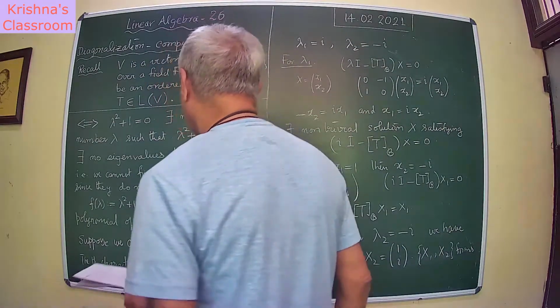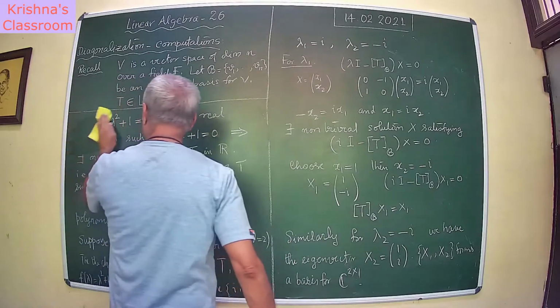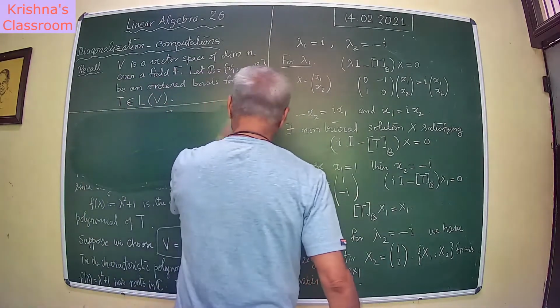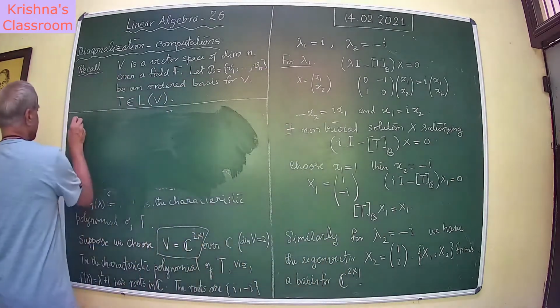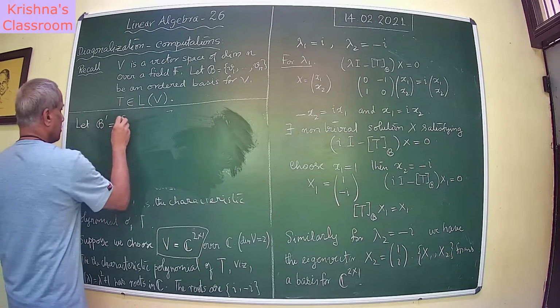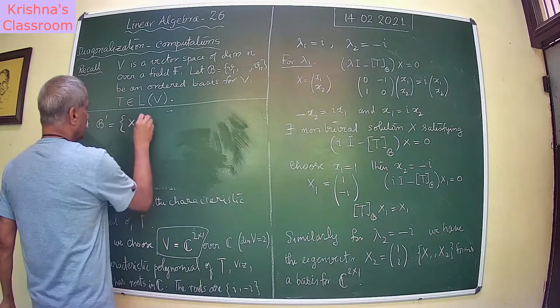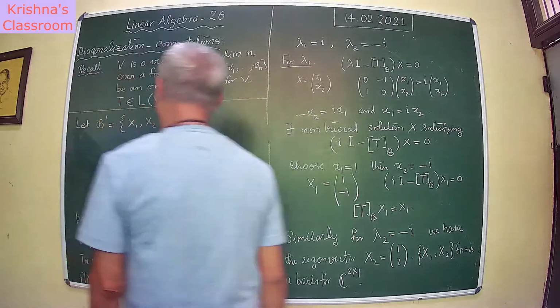Okay. Therefore, what is the diagonal representation of T? So let x1 x2.